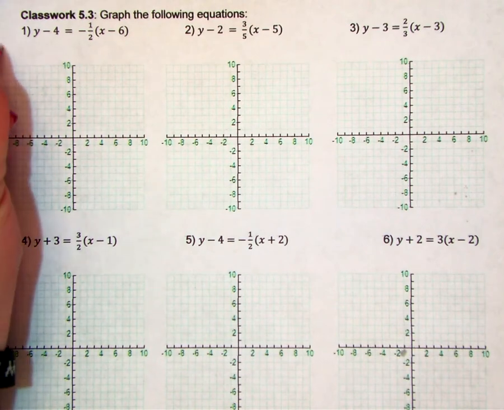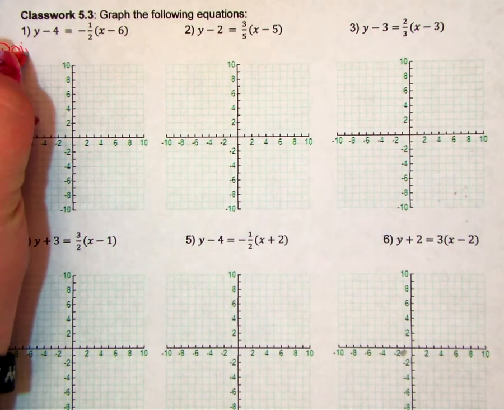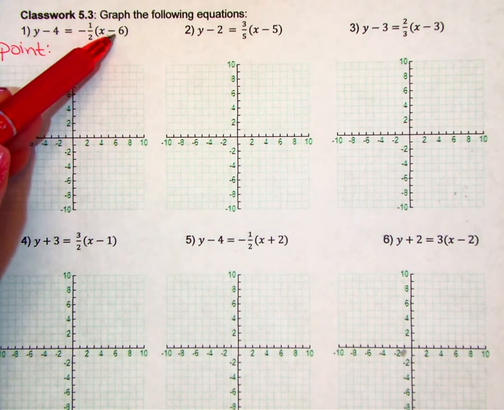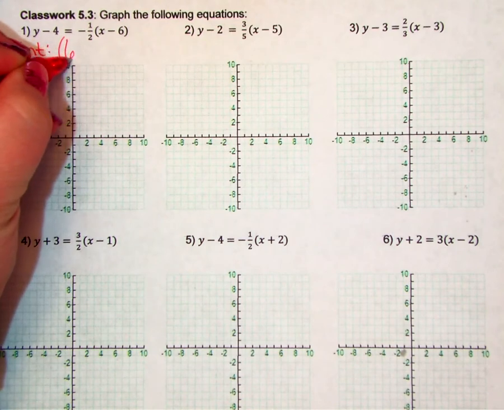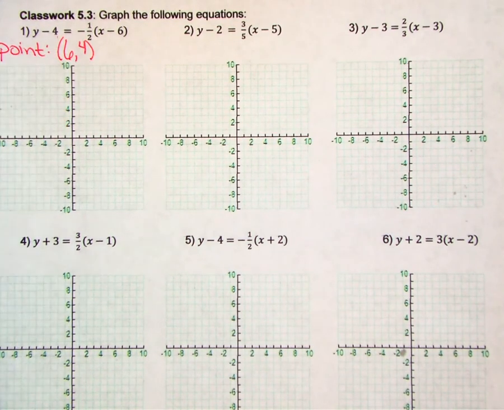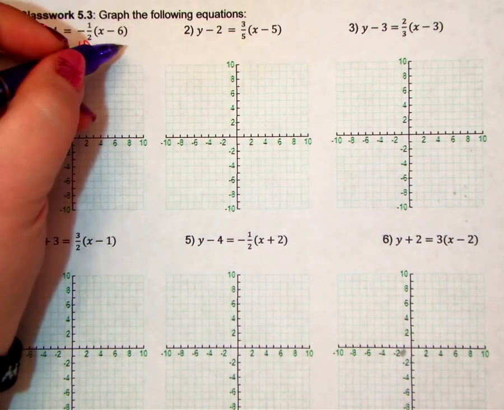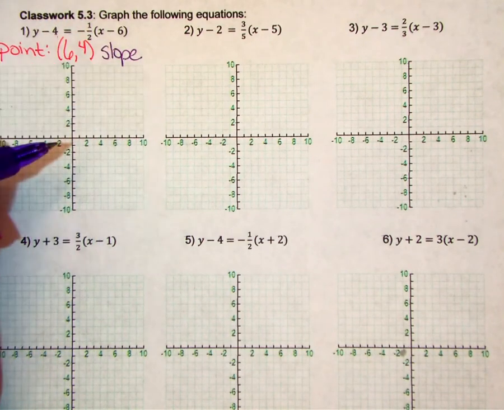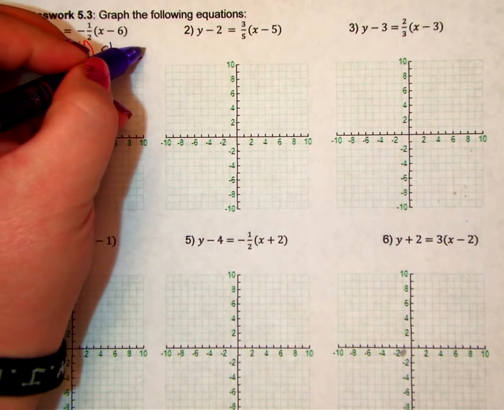So in this problem, our point, remember it's always the opposite of what it appears to be, so our point would be 6 and 4. And then our slope appears in front of the parentheses. So our slope would be -1/2.